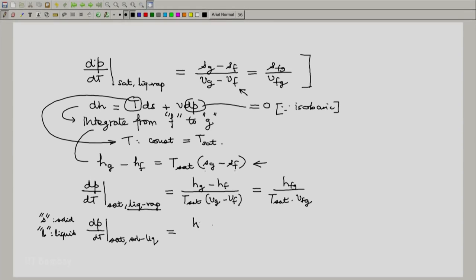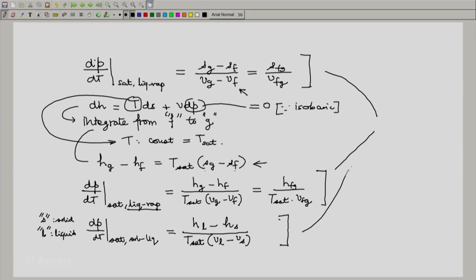It will equal HL minus HS divided by T sat in that particular case into VL minus VS. All these three relations and similar relations are known as the Clausius-Clapeyron relations.